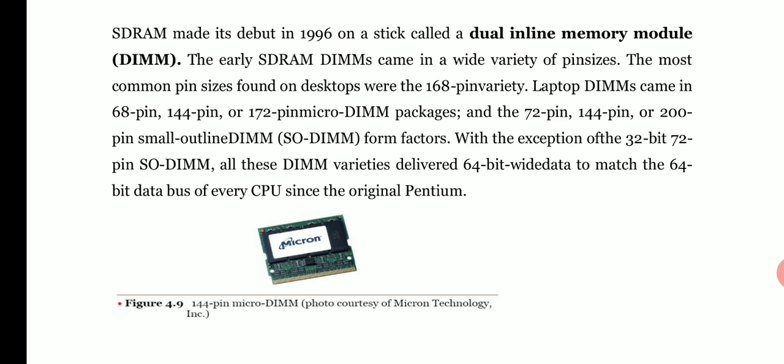The early SD-RAM DIMMs came in a wide variety of pin sizes. The most common pin sizes found on desktops were the 168 pin variety.